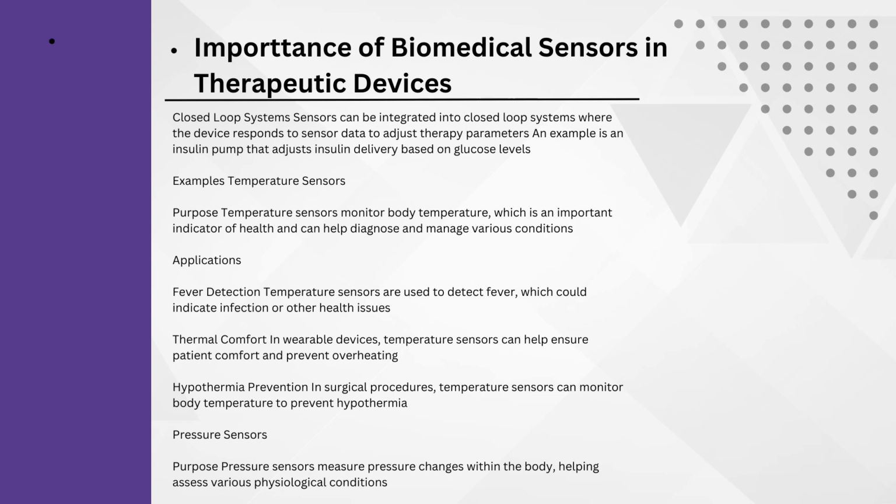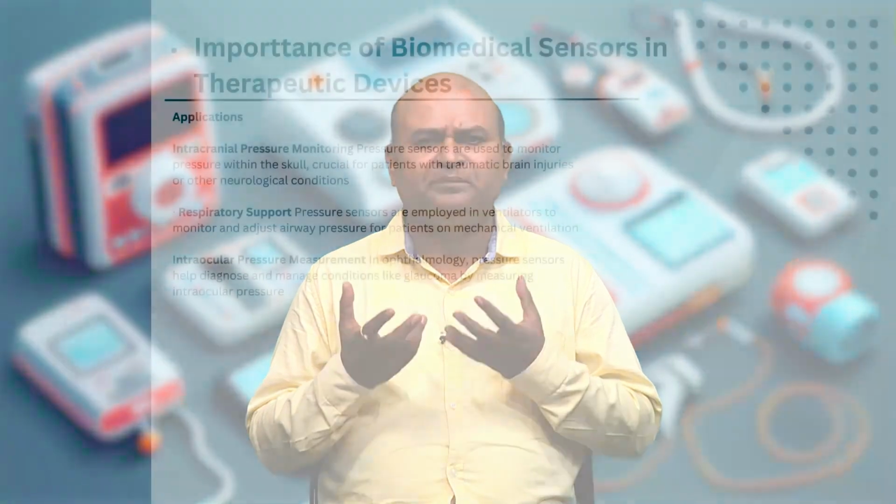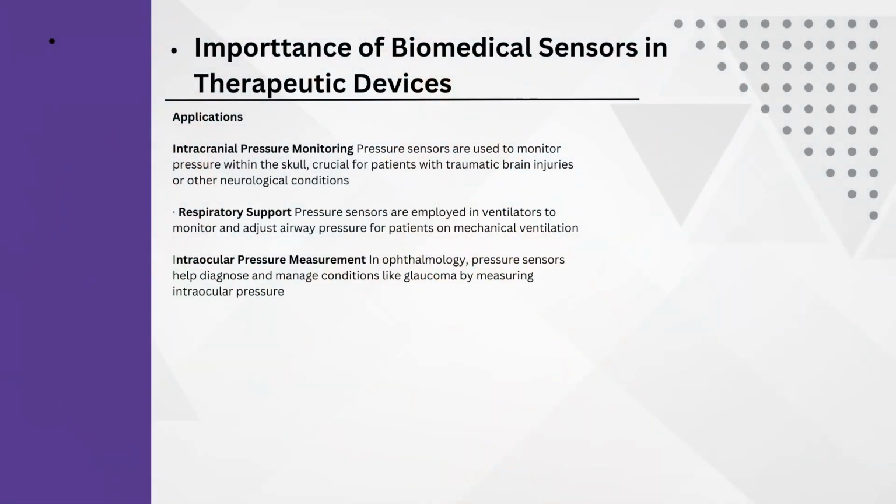Now, we discuss pressure sensors. Purpose: pressure sensors measure pressure changes within the body, helping assess various physiological conditions. What are its applications? Intracranial pressure monitoring. Pressure sensors are used to monitor pressure within the skull, crucial for patients with traumatic brain injuries or other neurological conditions.